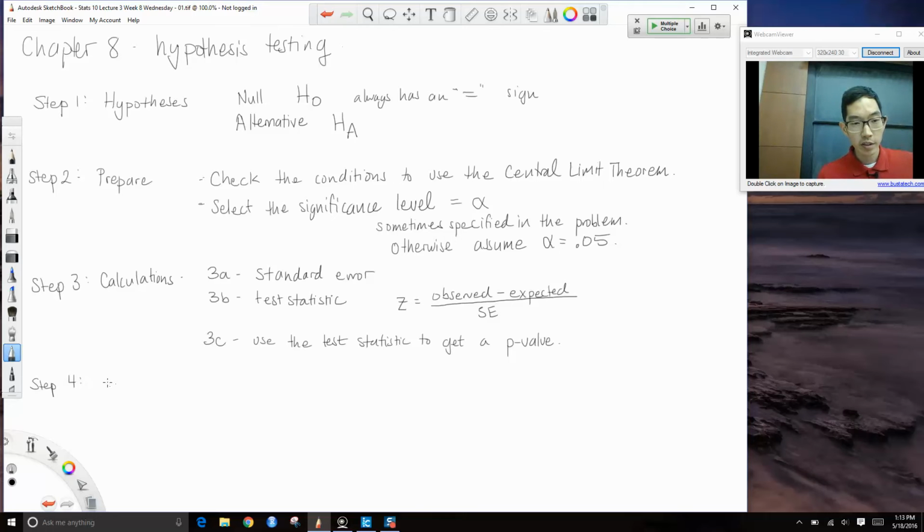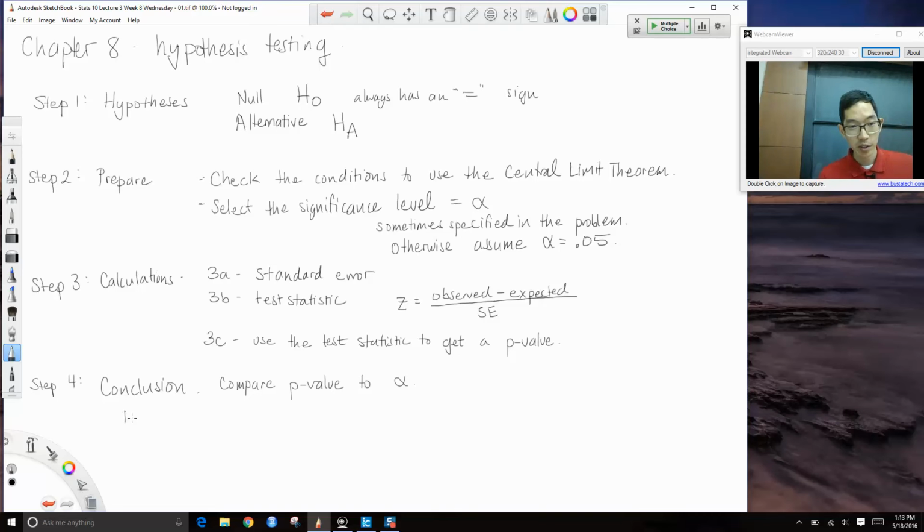And then lastly, we make a conclusion. The conclusion is to compare your p-value to alpha, the significance level, and then decide whether to reject or not reject your null hypothesis.